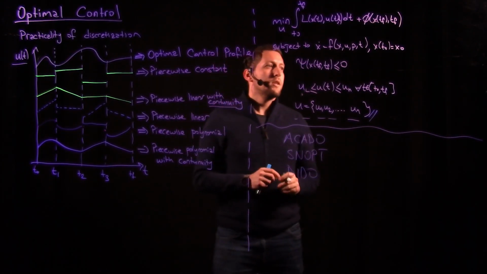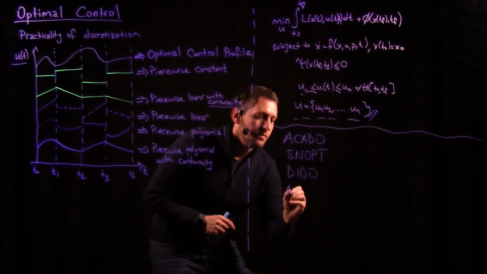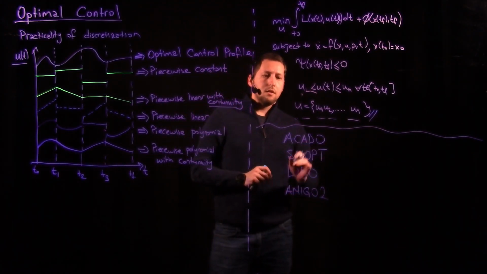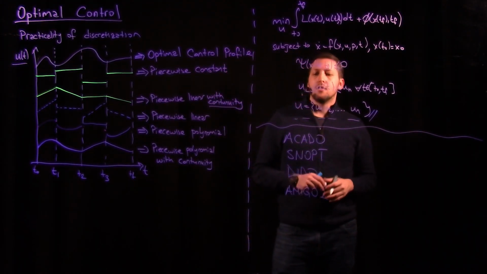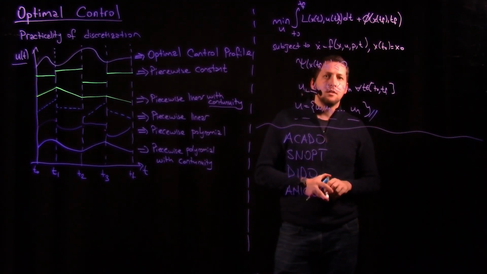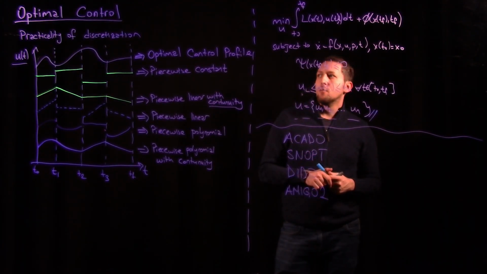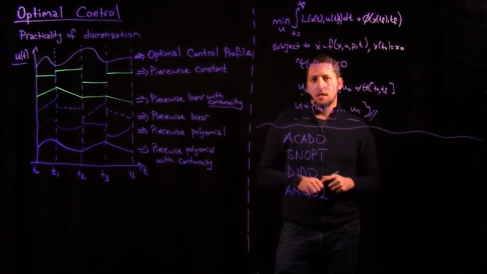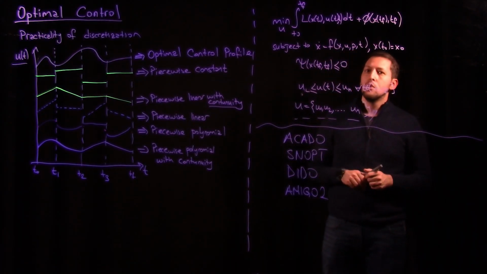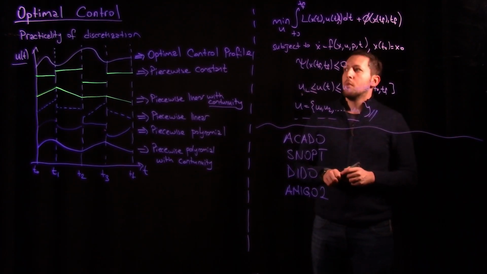There's also an extension of this, and then AMIGO too. These are some of the available toolboxes in literature, but of course they are not the only ones. You can basically use any of them to get your solution. By the way, I should also note that the optimal control toolbox of MATLAB is quite extensive, and you can do lots of things using only the optimal control toolbox of MATLAB.